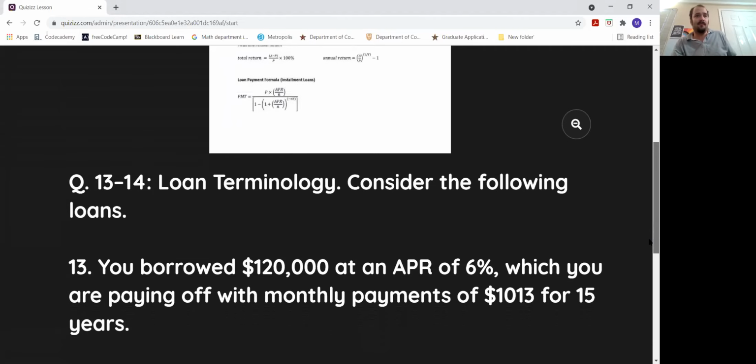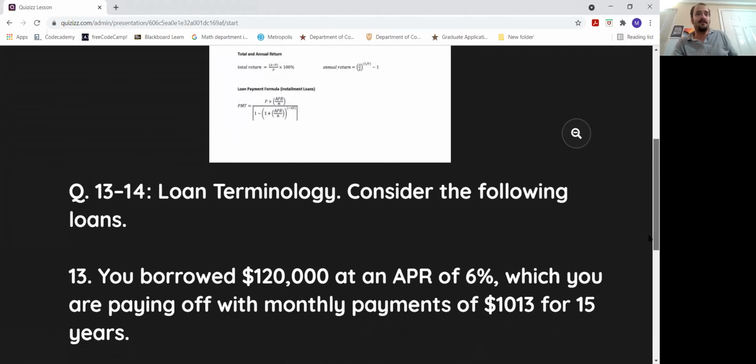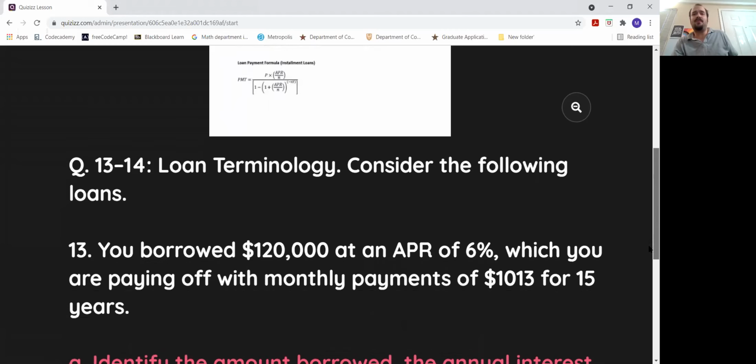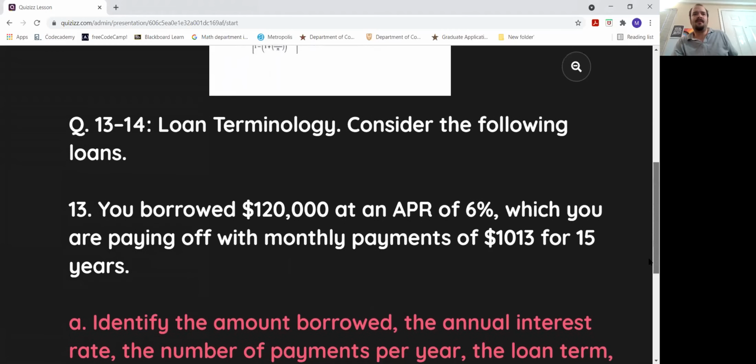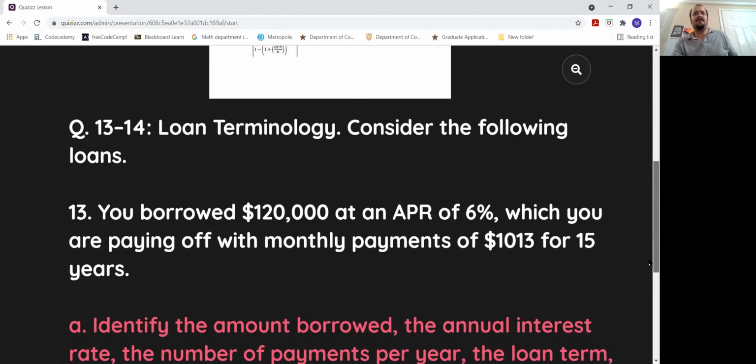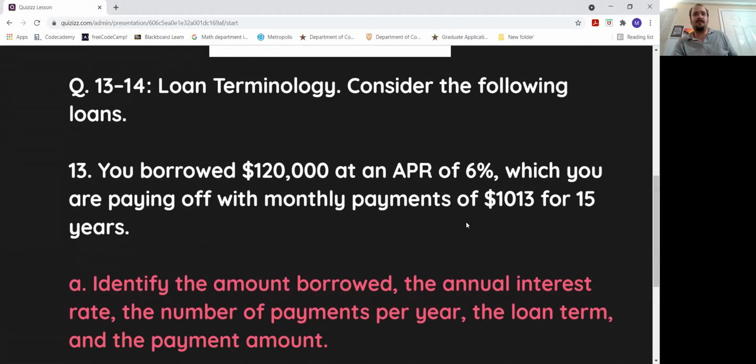So they say loan terminology, consider the following loans. We borrowed 120K with an APR of 6%, which you're paying off with monthly payments of 1013 for 15 years. So for this one, we don't even need the formula because they gave us the payment. They did the calculation for you on this one.